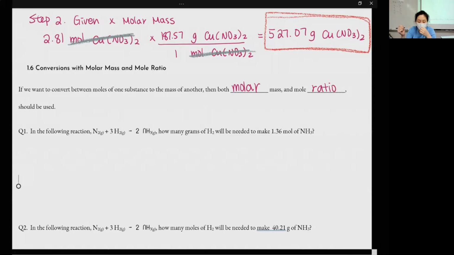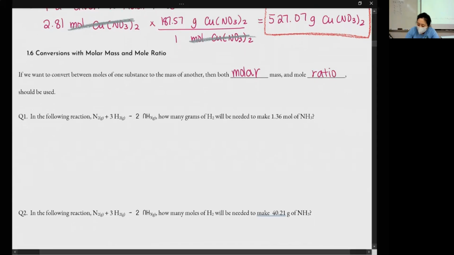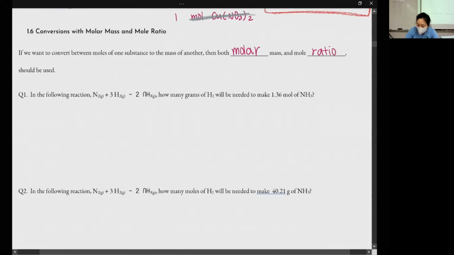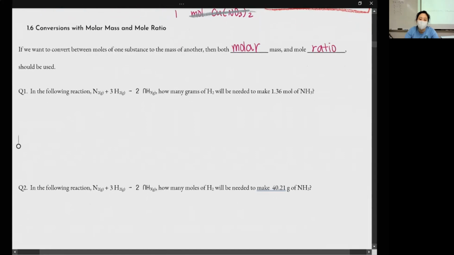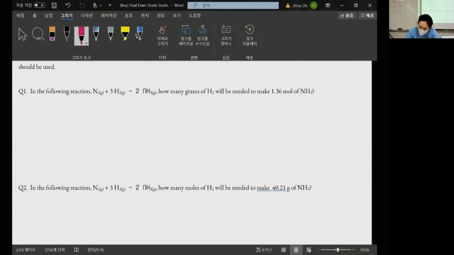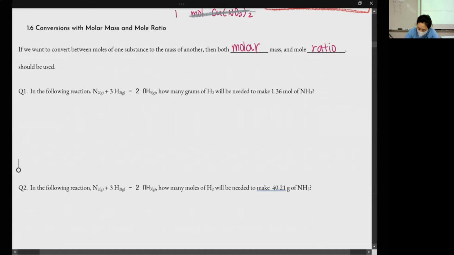That's because we're not converting between the same unit, mole to mole of a different substance, or going from grams to mole within the same substance. The important thing for these questions is identifying what your givens are. I'm going to need some more space, so give me a few seconds.